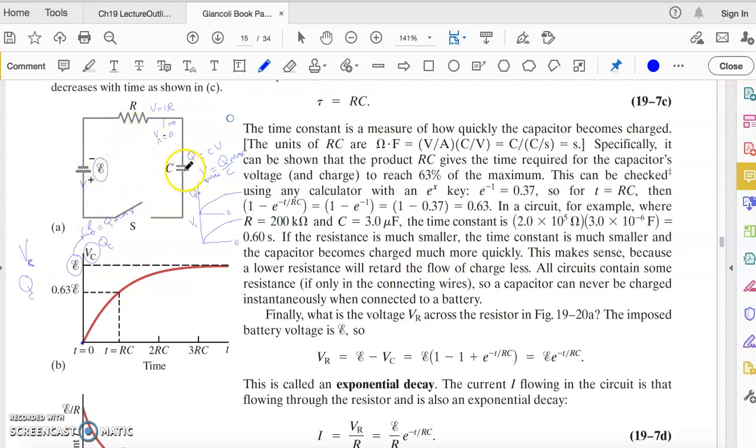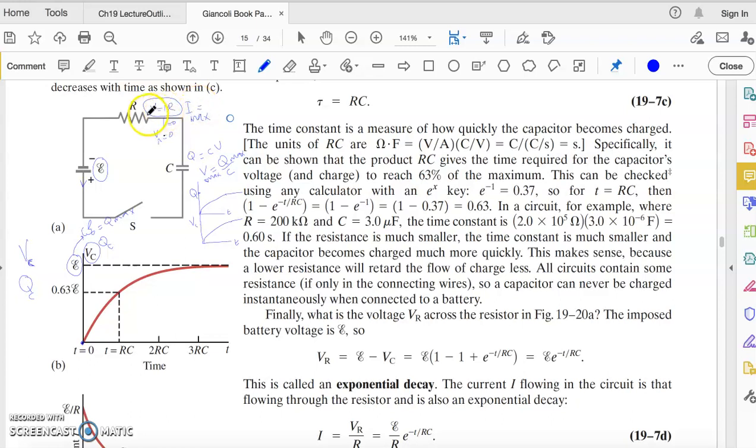Now, if the voltage across the capacitor or the charge at the beginning is zero, then V is equal to I times R. So the moment we close the switch, the circuit is going, and maximum current will be produced.